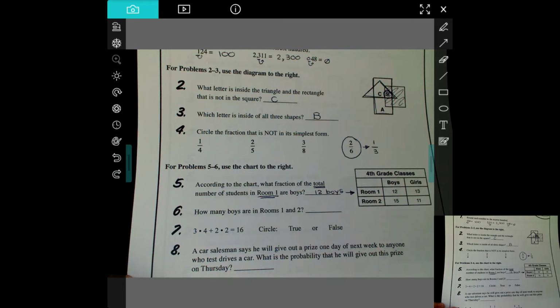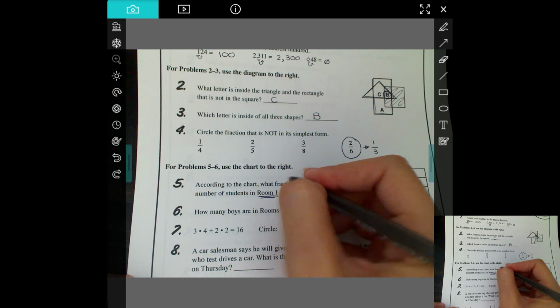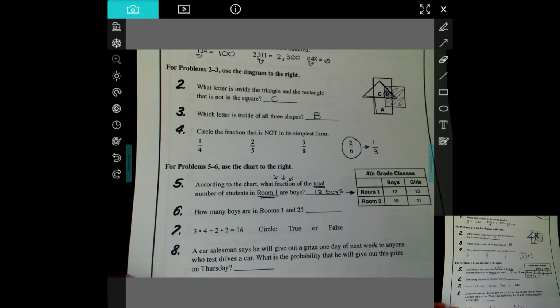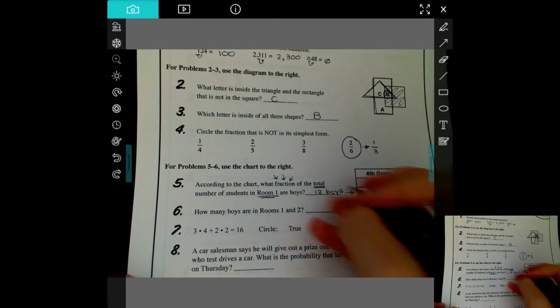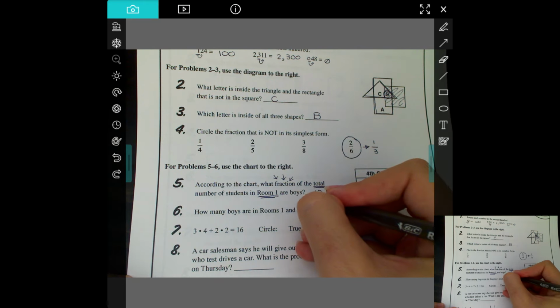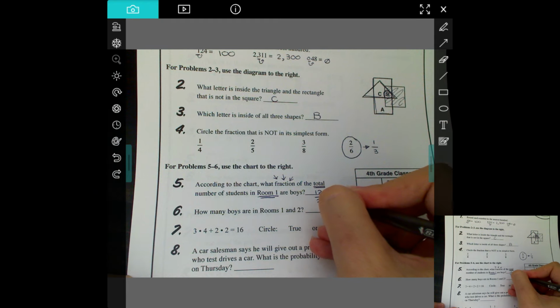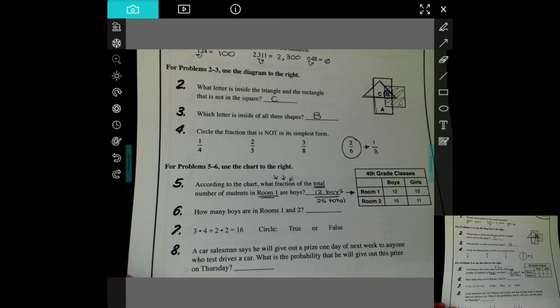However, I'm looking for a fraction of the total number of students that are boys. So there are 12 boys and 13 girls. That means there's 25 total. And 12 of them are boys, so my answer is 12/25.